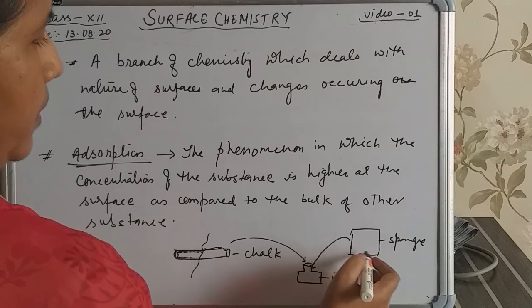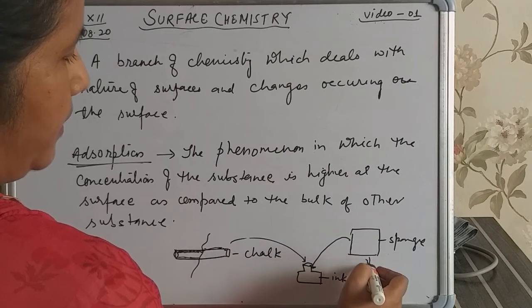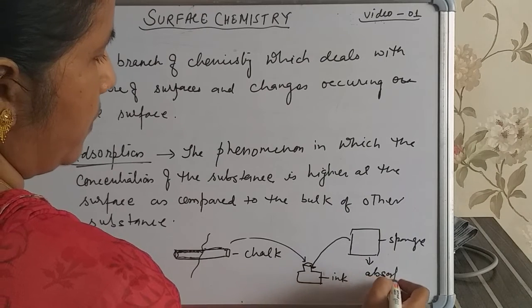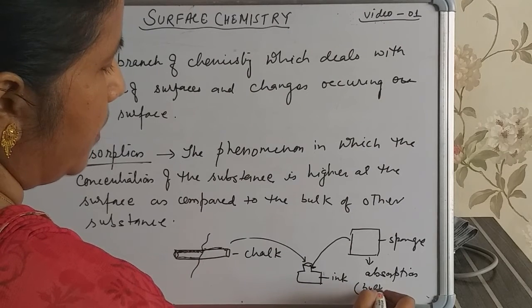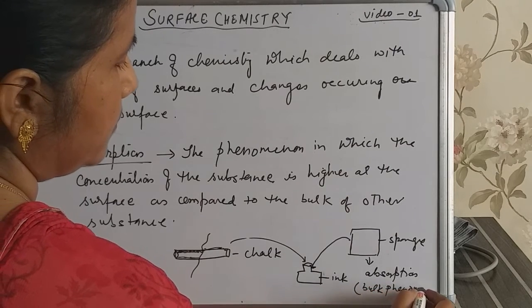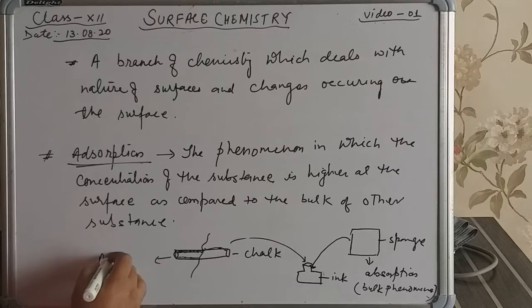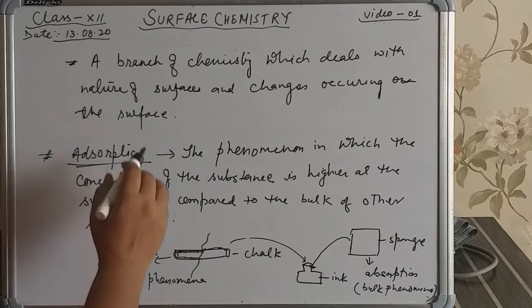So in this phenomenon, the sponge contains all the ink, meaning ink is present in the bulk of this particular sponge. This is called absorption, because absorption is a bulk phenomenon. And this is called adsorption, because it is the surface phenomenon.